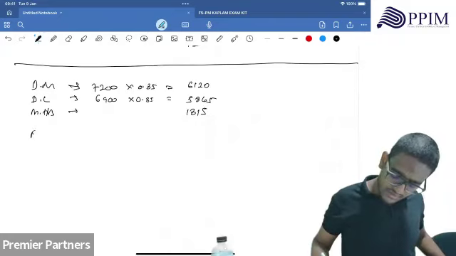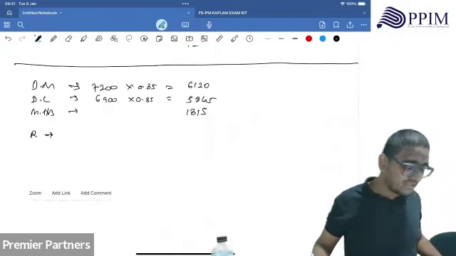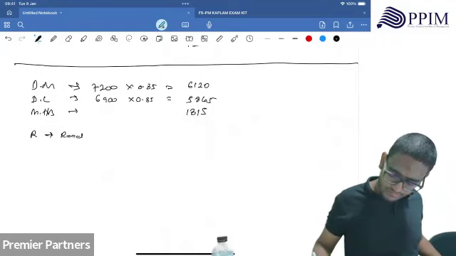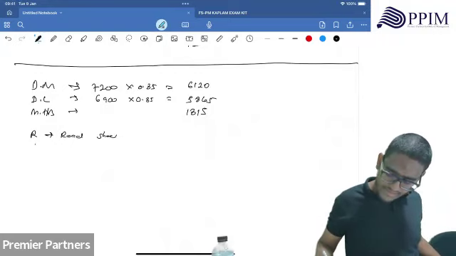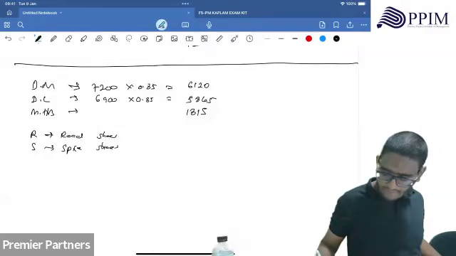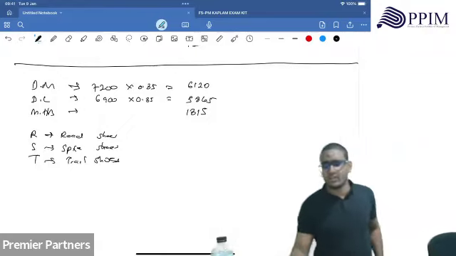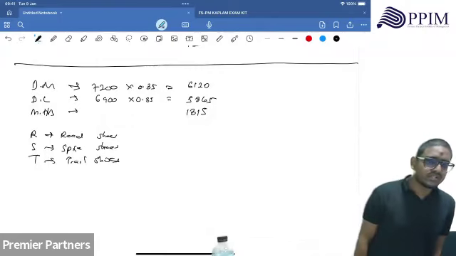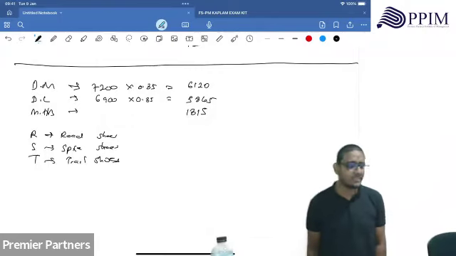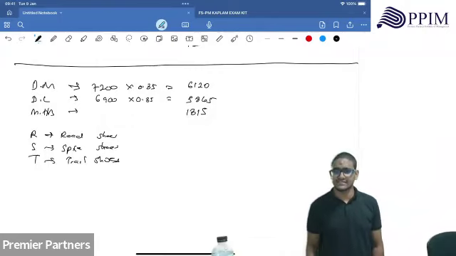First, you'll define the variables. You can define R as your number of road shoes. Then S as spike shoes. T as trail shoes. Now, I think I told you once that they will not give you a question with 3 products for linear program. Now, here they have given you a question with 3 products.